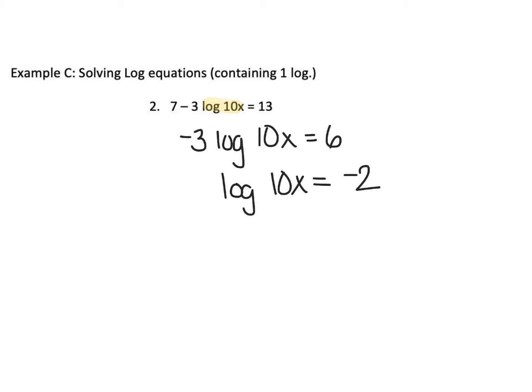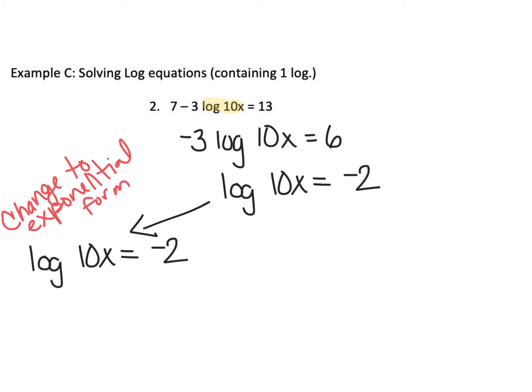So now that I have the log isolated, I can either change to exponential form. So I'll show that over here. So my base would be 10. So this is really saying 10 to the -2nd power is equal to 10x.